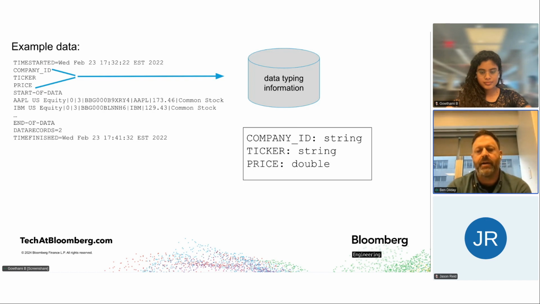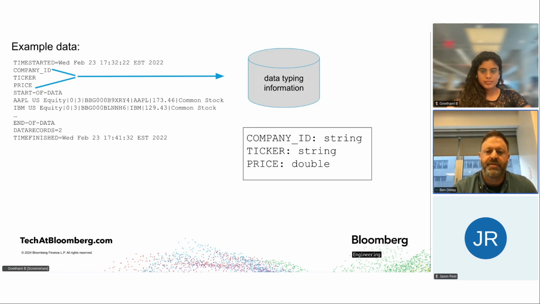So let me start by saying where we were before the enterprise data lake team began. We had a large archive of data, on the order of petabytes, and we stored it in basically text files. The format of those files is shown on the left here. It's essentially a CSV file with a header.